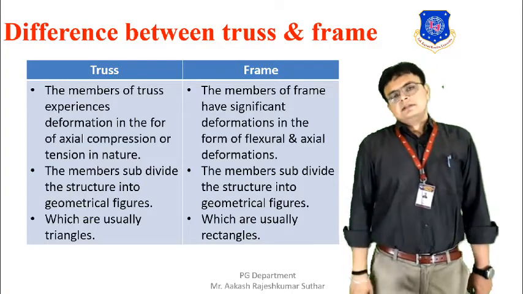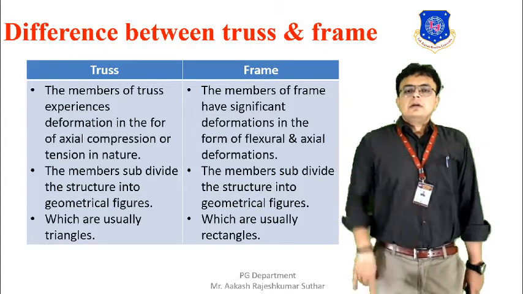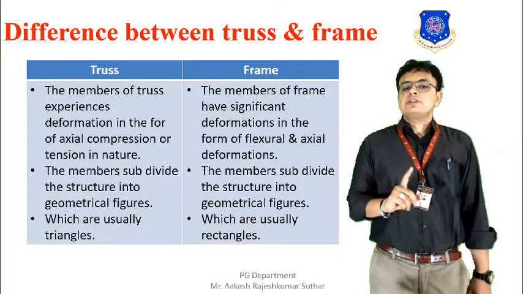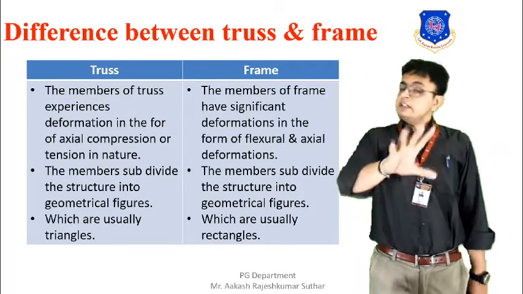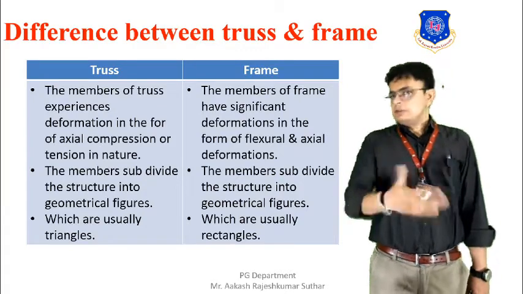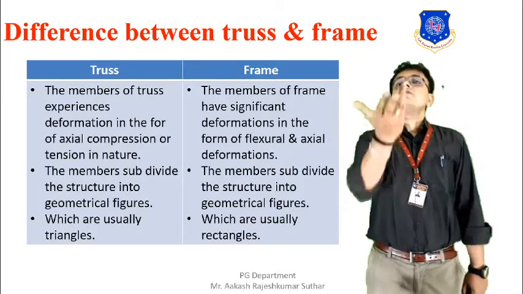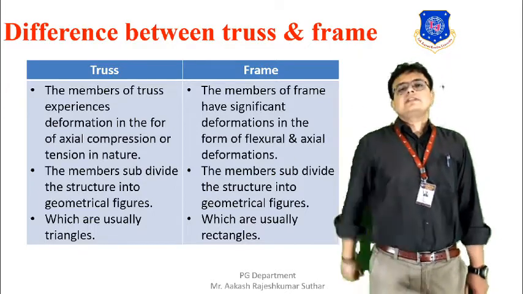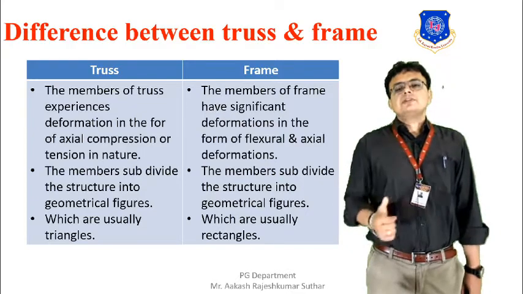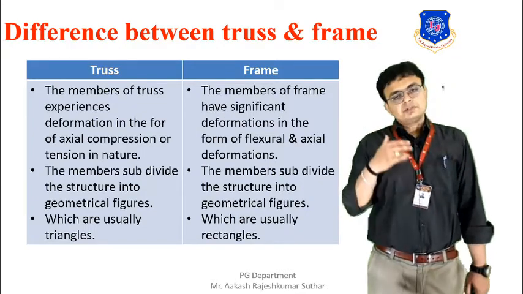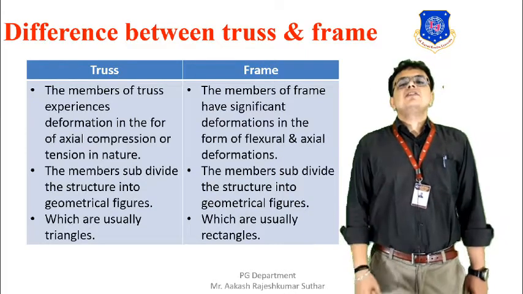But in the frame, the members have significant deformation in the form of flexural and axial deformation. Because moment is taking place, shear force is acting, and axial force is acting, there will be a flexural deformation, and at the same time axial deformation will also take place in the frame.